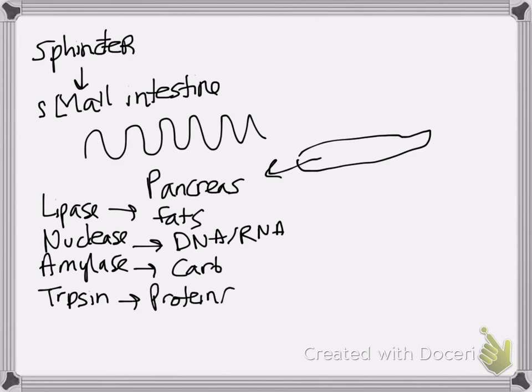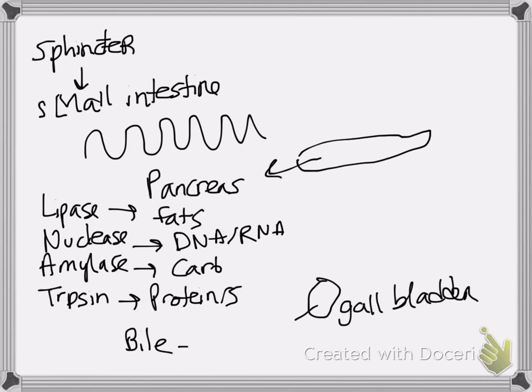You're also going to get help from the gallbladder, and the gallbladder is going to release bile into the small intestine. The bile is going to digest your fats. The pancreas is also going to release bicarbonate.